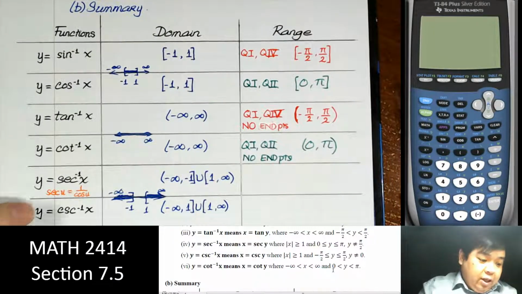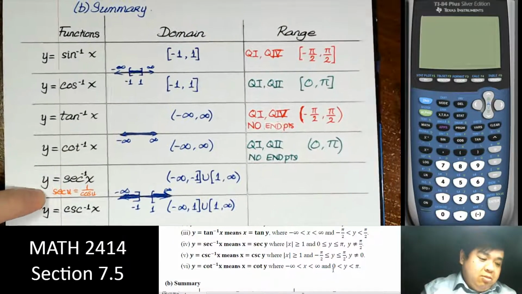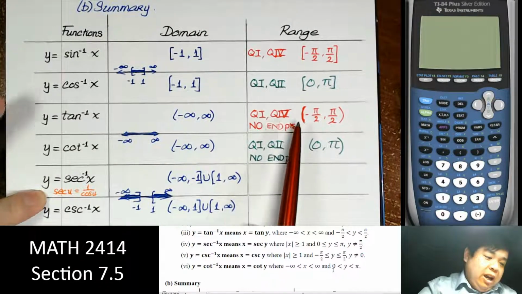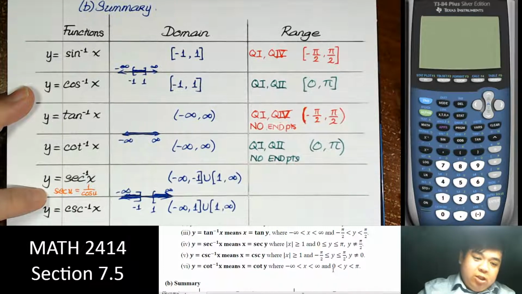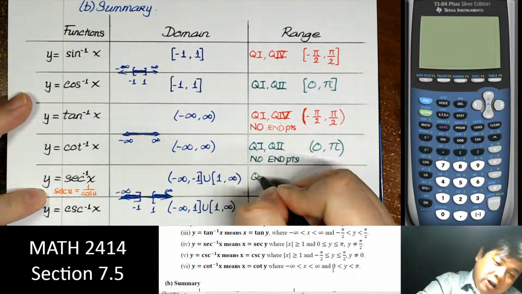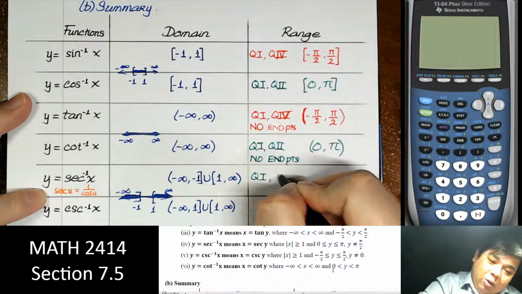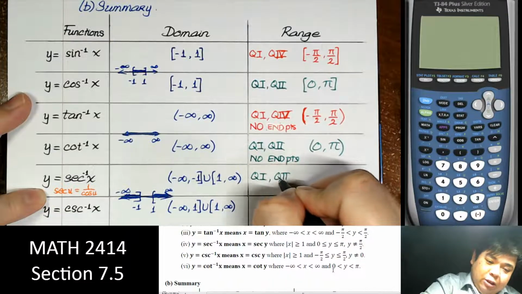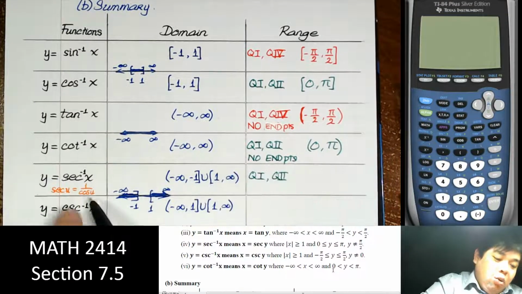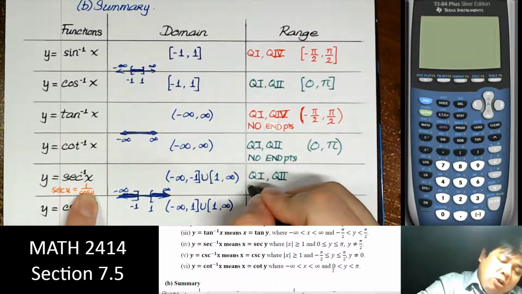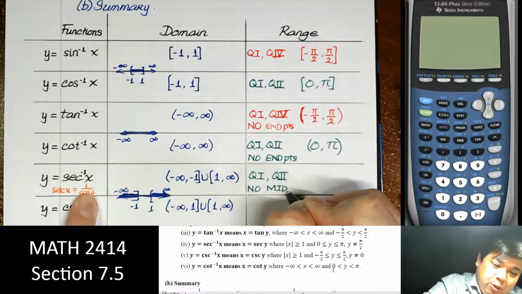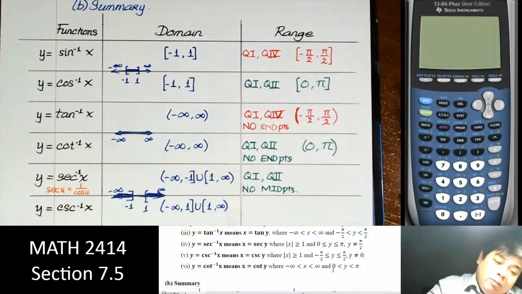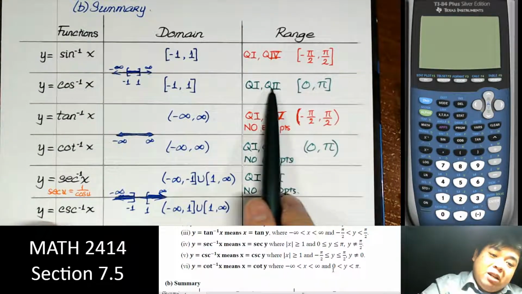Right. So secant inverse is kind of like cosine, and cosine is quadrant 1 and 2, so it's still quadrant 1 and quadrant 2, except on this one there's no midpoint.